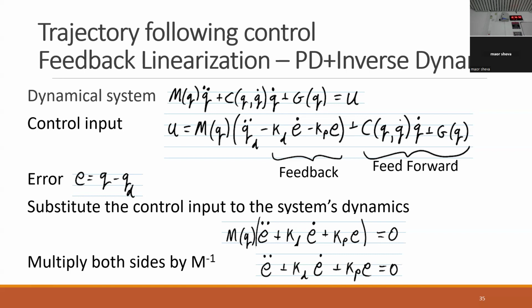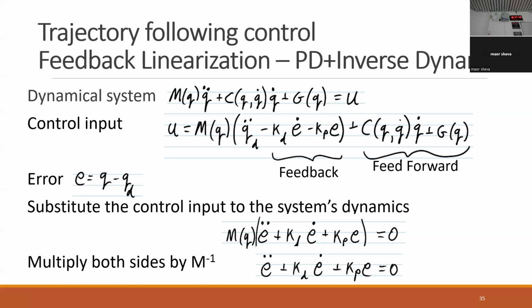So if I have the same dynamical system as before, and I have this input, but instead of writing M q double dot alone and C q dot desired, I have here this M q double dot desired, which is the same as before, but I have here two terms which depend on the error from the desired path.